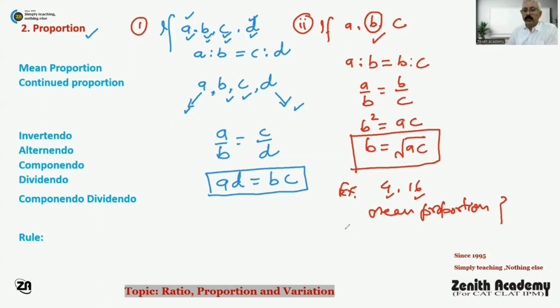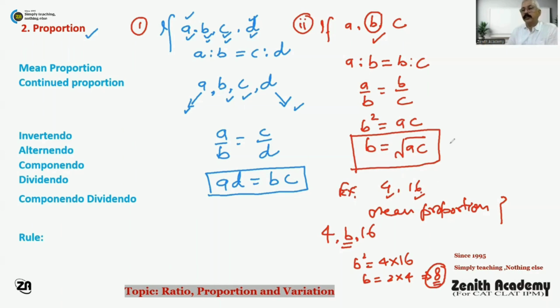So B is a mean proportion, means B square is equal to 4 into 16. So B square is 2 into 4, means B is 8. Right? 8 is a mean proportion of 4 and 16.